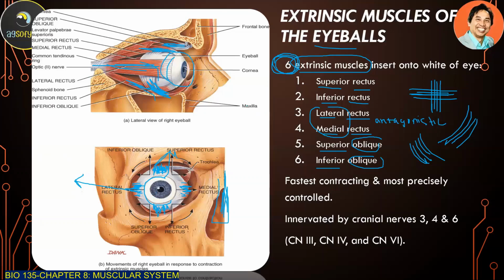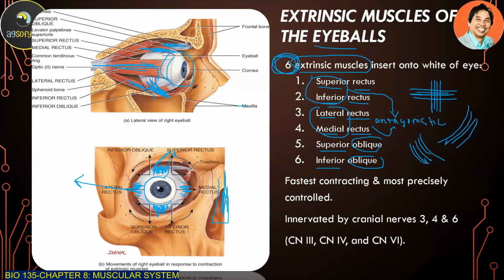So this superior and inferior, they are also antagonistic muscles. So they work in opposite ways. If you want to move your eyeball down, then the inferior rectus has to be contracted. The superior rectus has to be relaxed. This is how to move your eyeball left, right, up, and down.